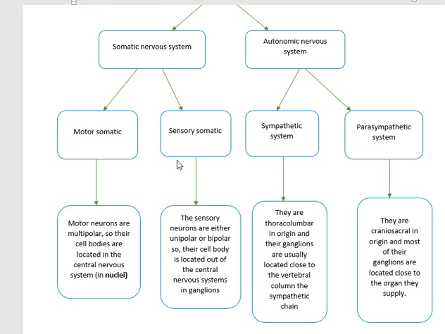With unipolar, the axon is branched off, while with bipolar, they directly connect the dendrites with the axon. But all of them are going to have their cell body outside of the central nervous system, not in nuclei, but in ganglions. So any nerve which is of the sensory somatic type is going to have a ganglion. That's the conclusion, and that ganglion will be a sensory ganglion.